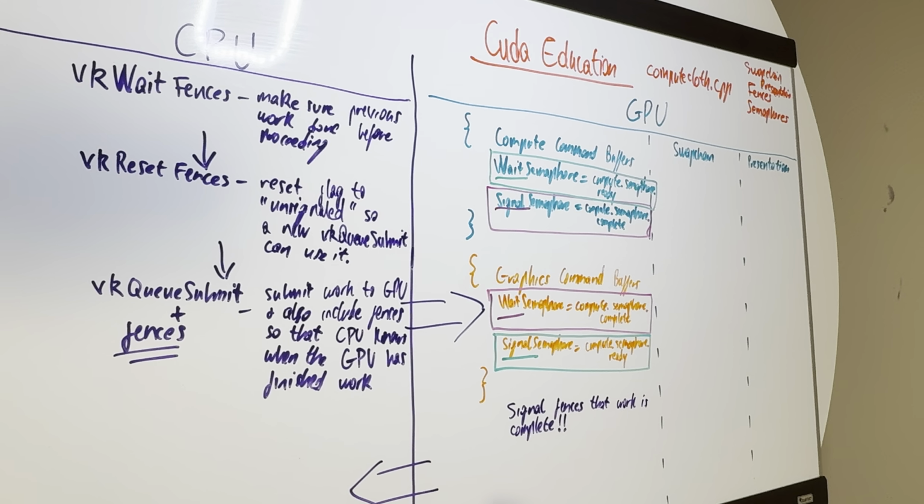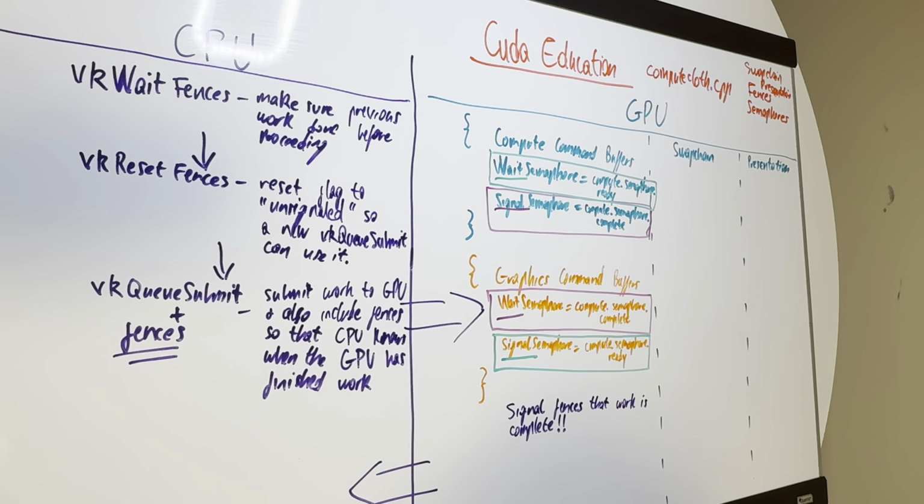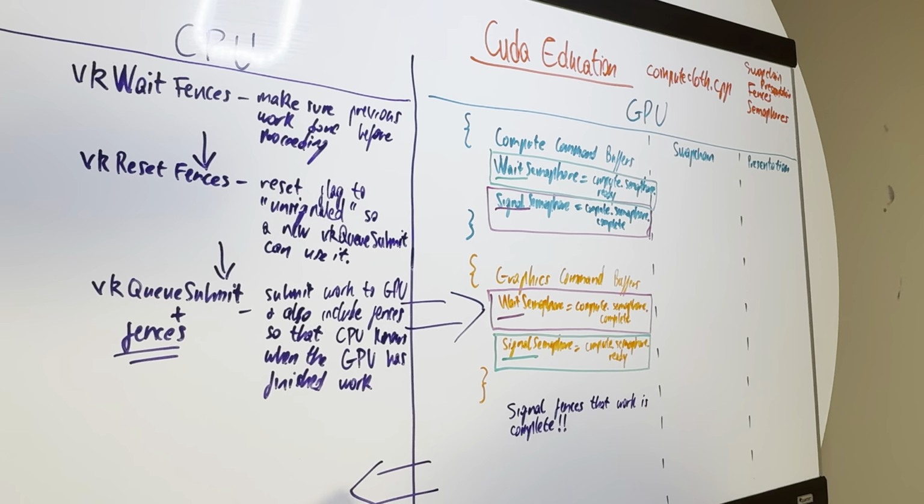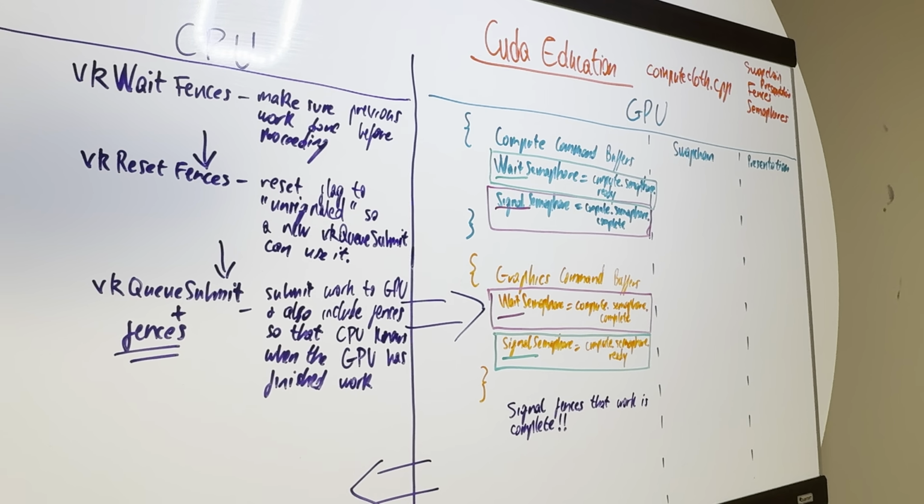So basically when we return back to the processor, we go back to vkWaitForFences. We go back to vkResetFences, and all of that stuff.